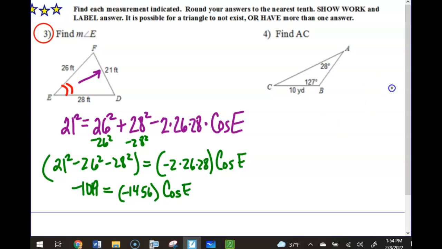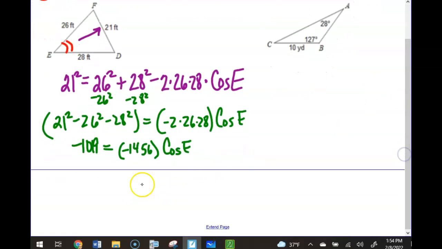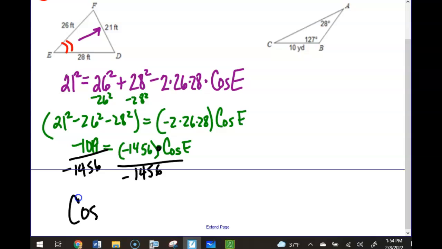So what do I need to do yet? Yes, I need to undo this multiplication by dividing. And then I'm going to have to undo cosine by doing inverse cosine.